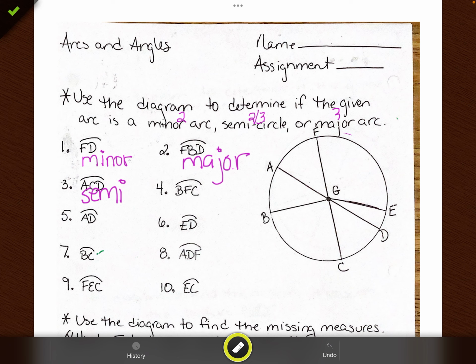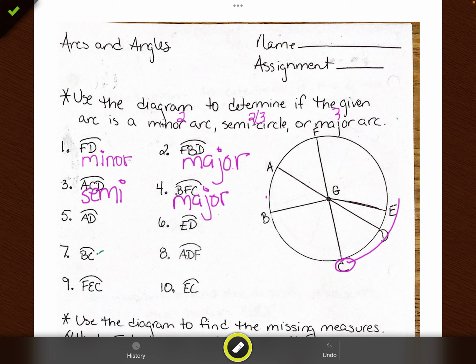Now we look at arc BFC. Again, start at B, come around shortest distance to F, come all the way around to C. We know three letters means semi or major. Trace it, obviously bigger than a semicircle. That would be major.